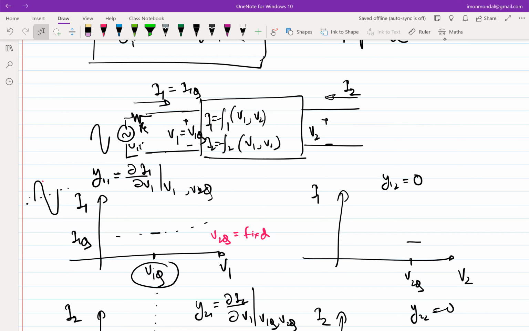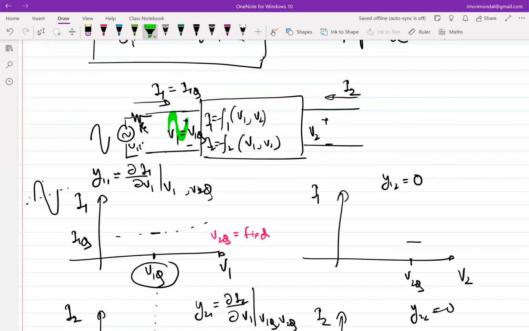It's riding on top of some bias voltage, which means that we should expect the input voltage, by input I mean the voltage at the input port, to also change.